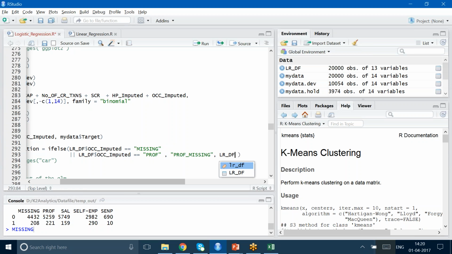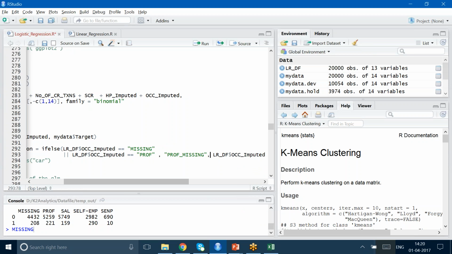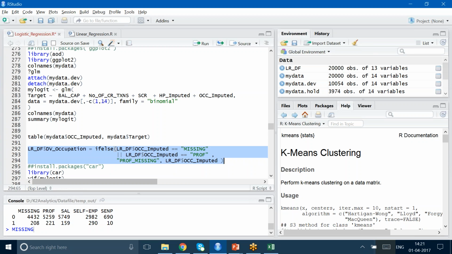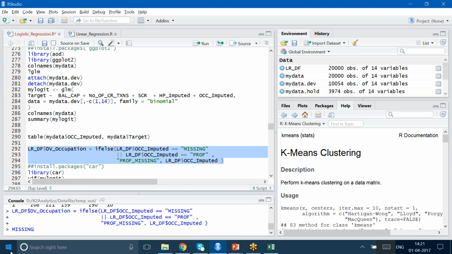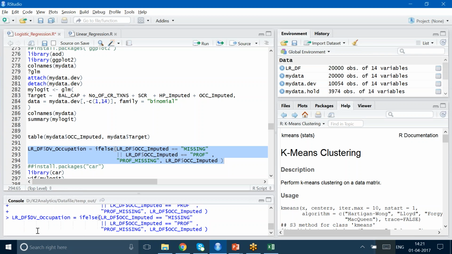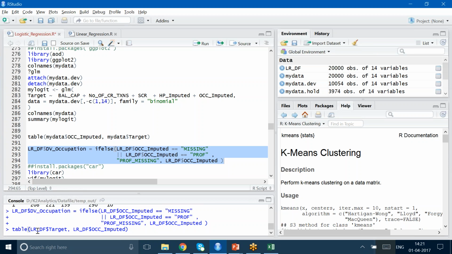Else I'll continue with the old occupation only. So new variable creation. dv is actually a derived variable.